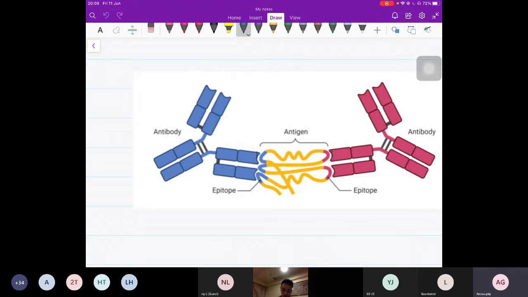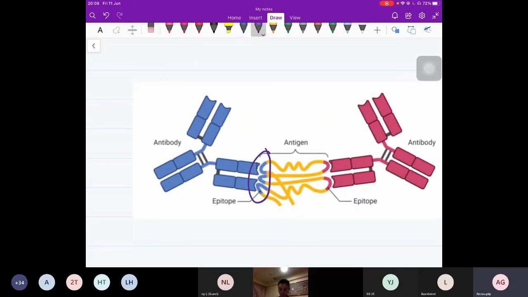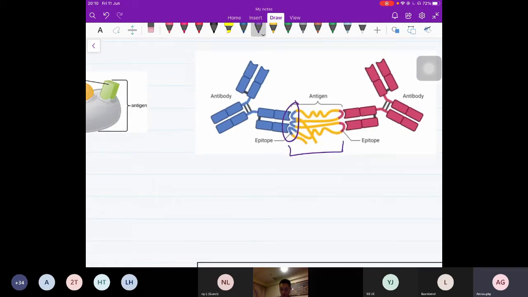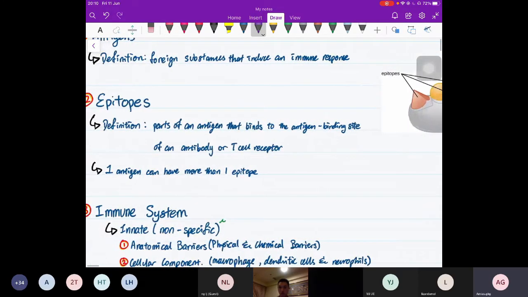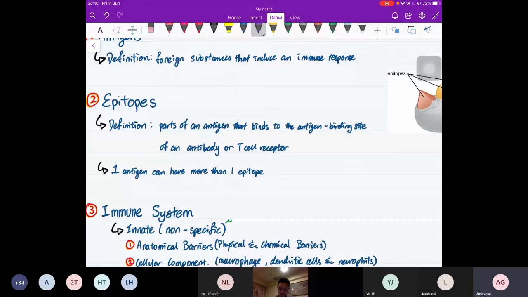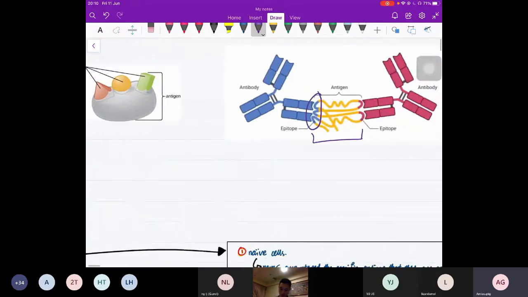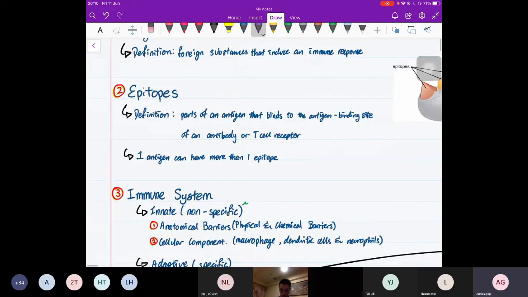You can see that this part here is the epitope, but the entire portion here is the antigen. And then they bind to the receptors of your antibodies, like the one in the picture, as well as your T cell receptors. And one antigen can have more than one epitope. Again, if you look at these two pictures, you can see how one antigen has more than one epitope.